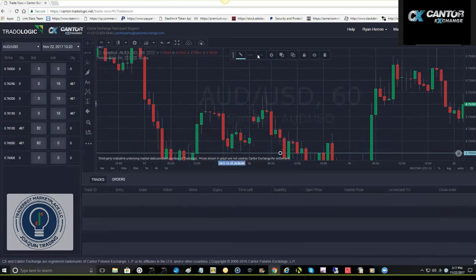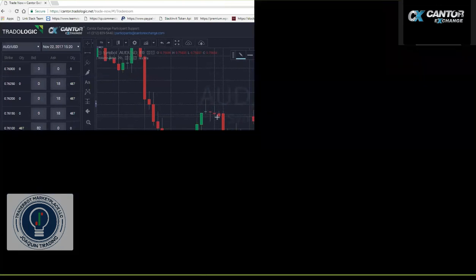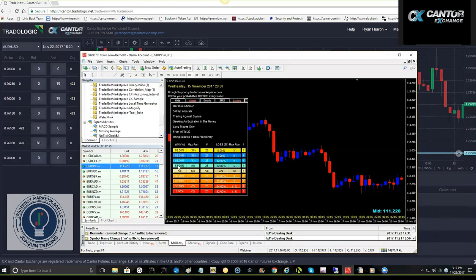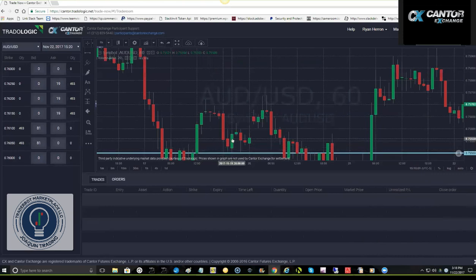There is your next available strike. Let me make it a little bit bigger. What's the probability that after you get 5 down bars, it's going to close up on the next bar? 68%. The next bar closed up.